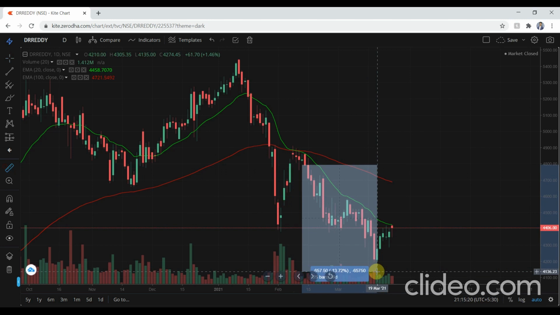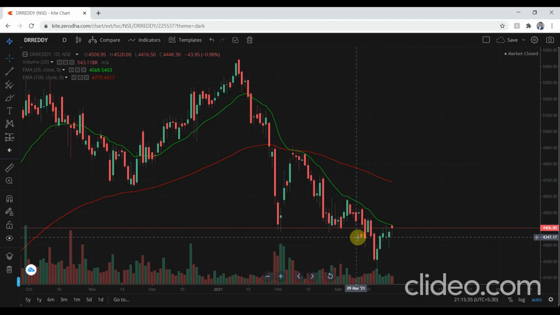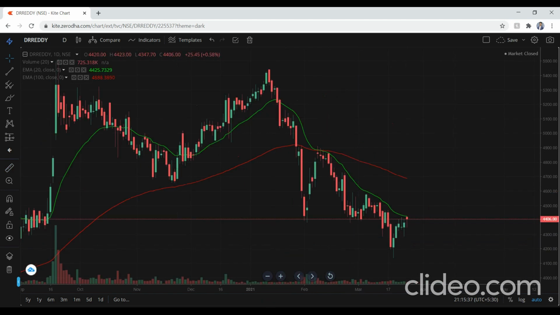Considering the maximum return, it is 13.53% in merely 39 days. That is almost two trading months, I guess. Every analysis has its pros and cons. I'm not saying that every time you would earn a guaranteed 13% or 15% return, but it's a good strategy. You could short it based on this strategy.